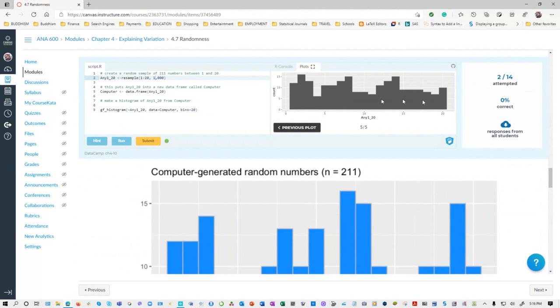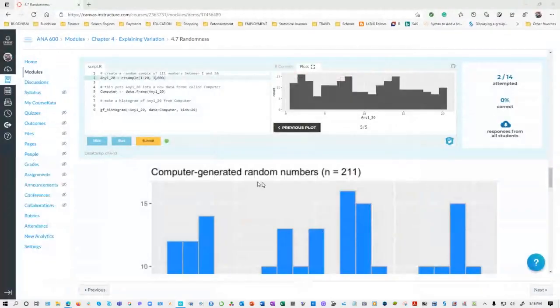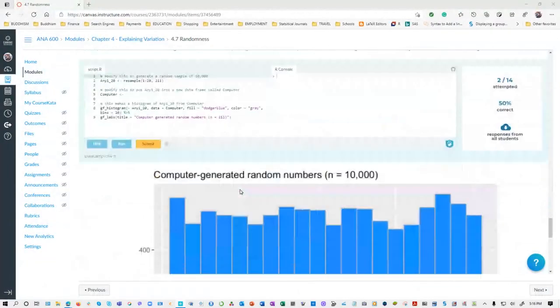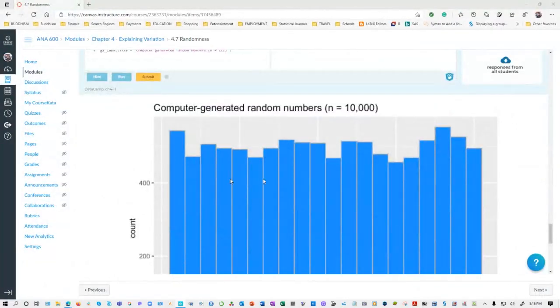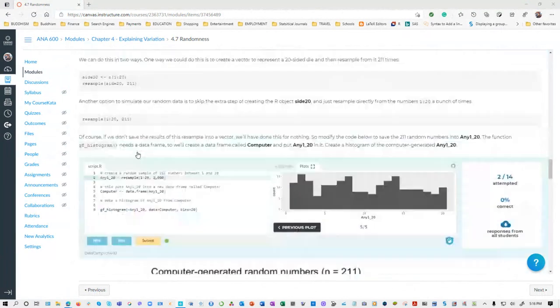It's got stuck. Yeah, it's going to become like this. If you increase the sample size, you get a more perfectly rectangular shape. That's the same thing they were telling us to do, the same thing I'm trying to do over here.